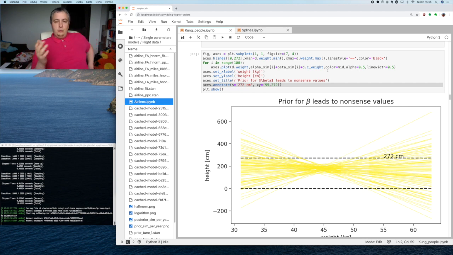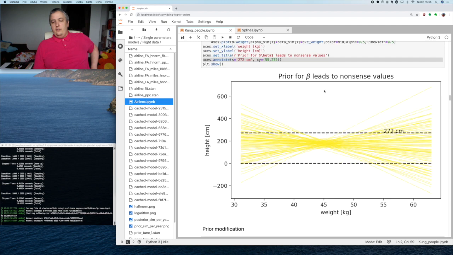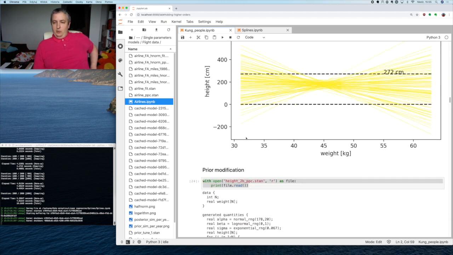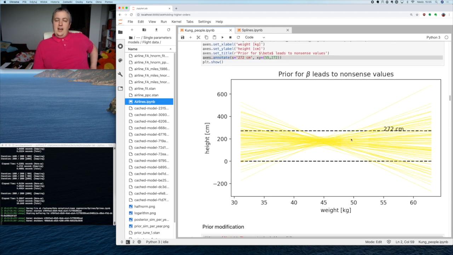And they don't look very well, because for our adult people whose weight is between 30 and 65 kilos, we have values that are relatively absurd. First of all, our model can get us to very large heights, well above the world record registered anywhere before, and also it can get us below 0, which is also not a very good situation.